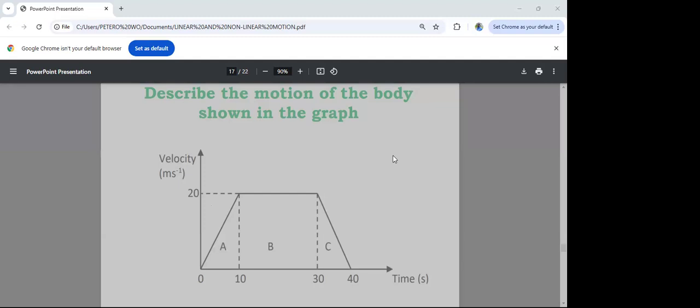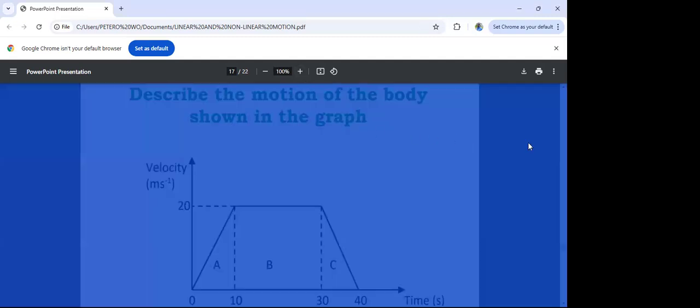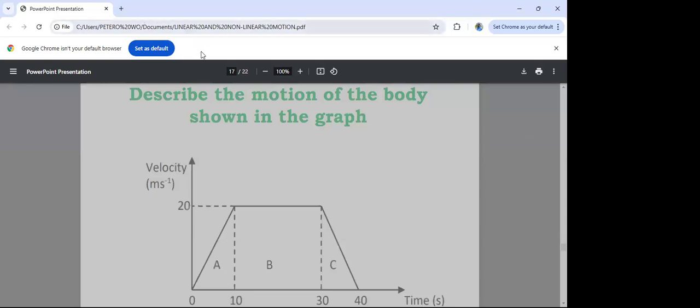So you have missed a step. You have not told us which velocities are involved. 20 meters per second. Okay.